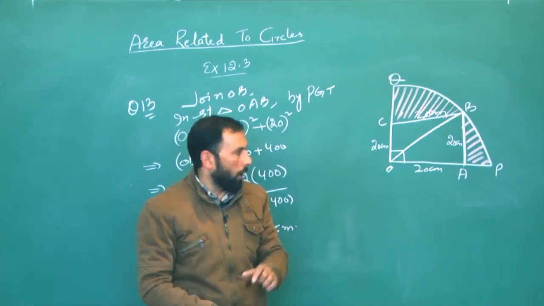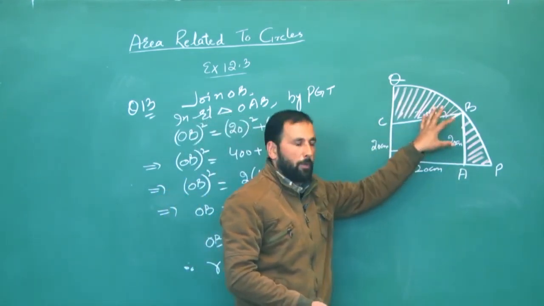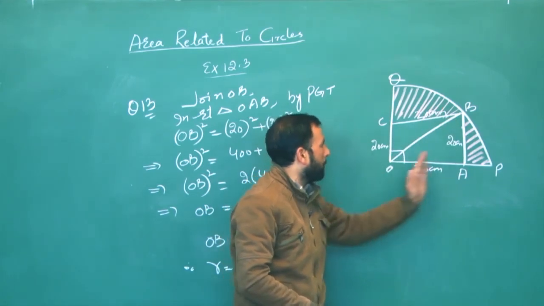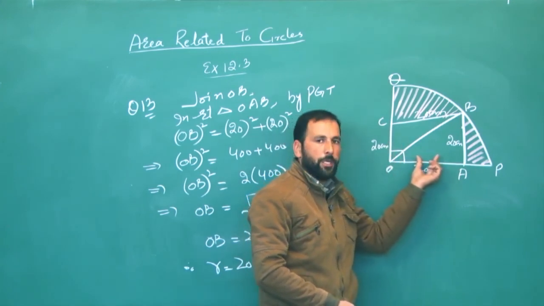Now, we have to find the area of the shaded region. Area of the shaded region can be found as area of OPBQ, the whole quadrant, minus area of this square.